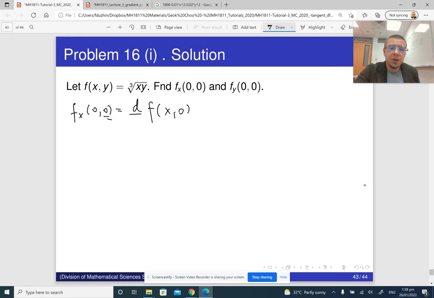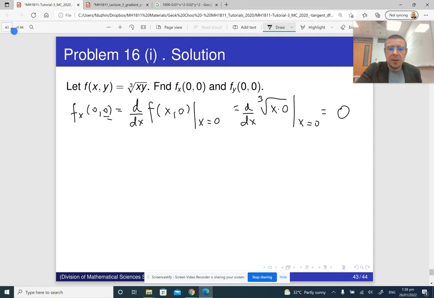Then we differentiate it with respect to x, and after differentiation, we let x be 0. So f of x0 is the cube root of x times 0. Well, x times 0 is just 0, so its cube root is just 0. So this is the derivative of 0, and of course it's going to be just 0.